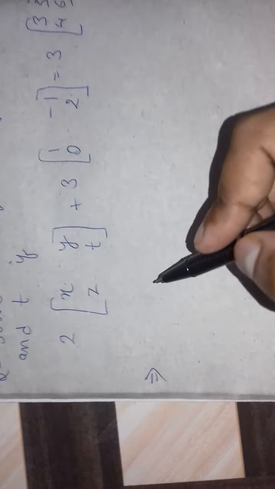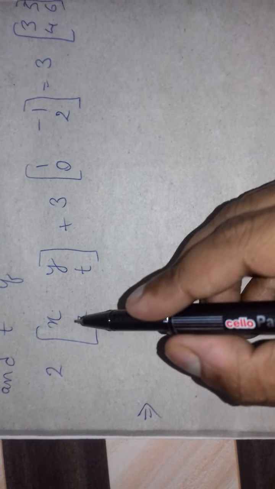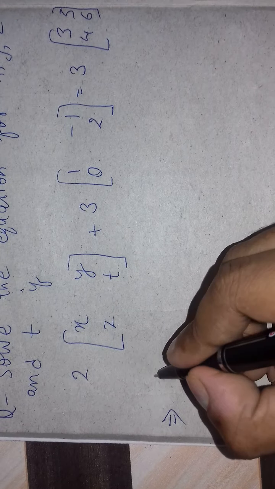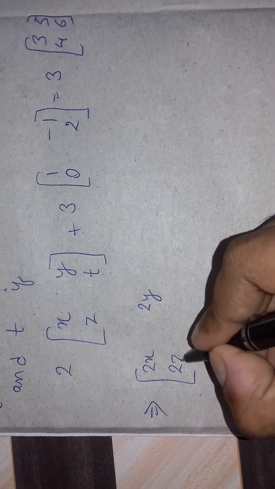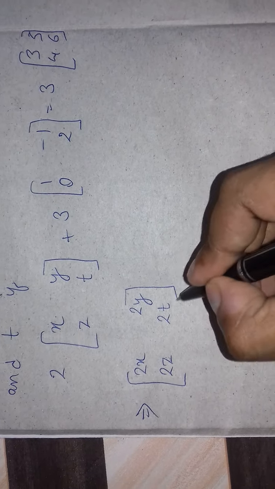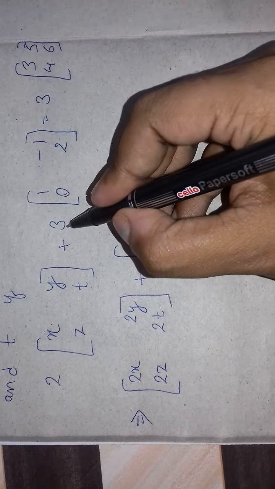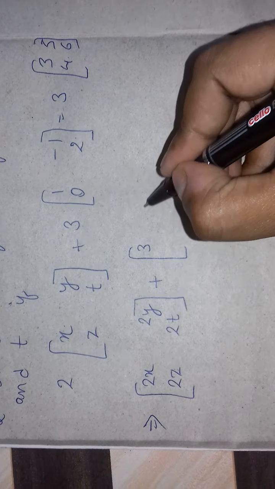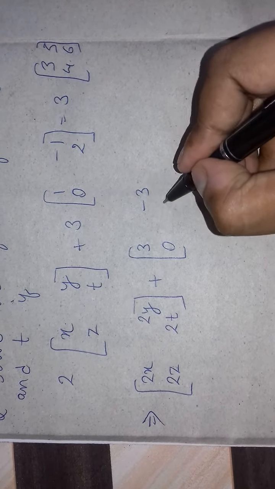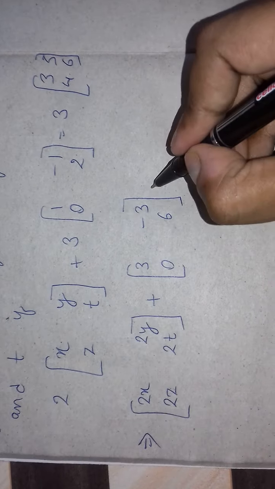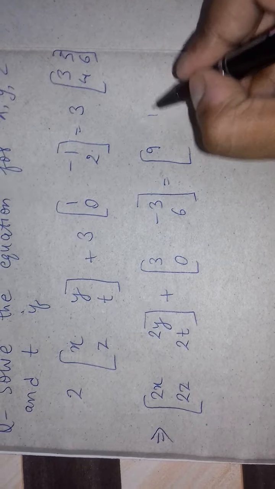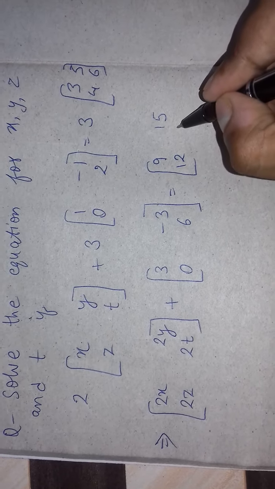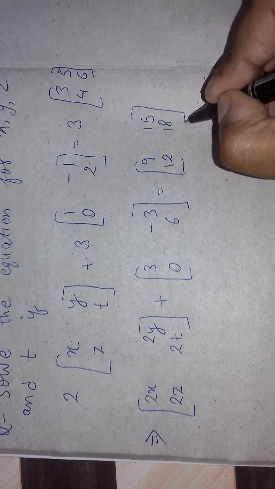So first we will do our matrix scalar multiplication. So it will become [2x 2y; 2z 2t]. Again we will multiply 3 with this matrix, so it will become [3 minus 3; 0 6]. We will again multiply this 3 with [3 4; 5 6], this will become [9 15; 12 18].